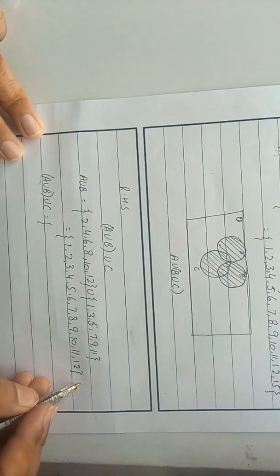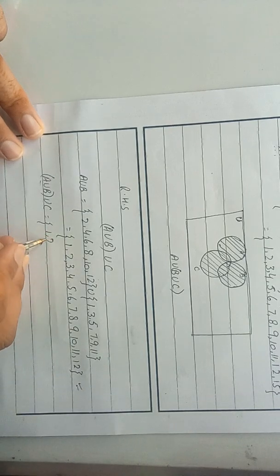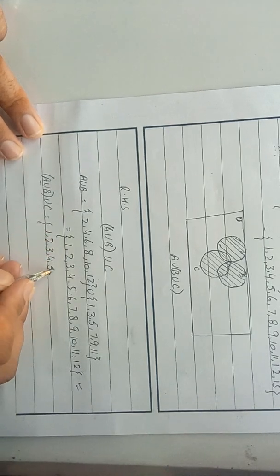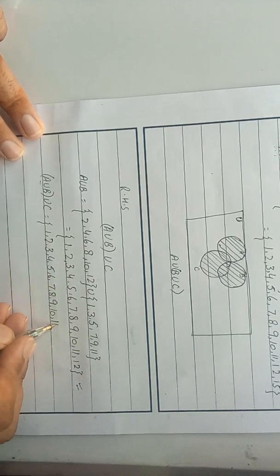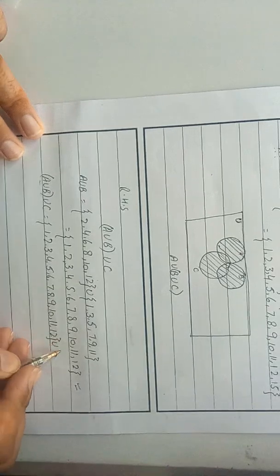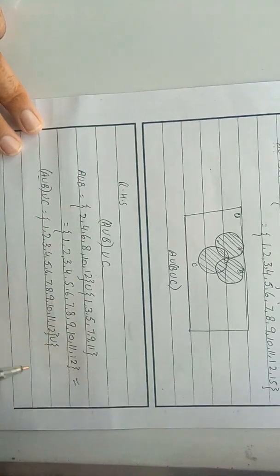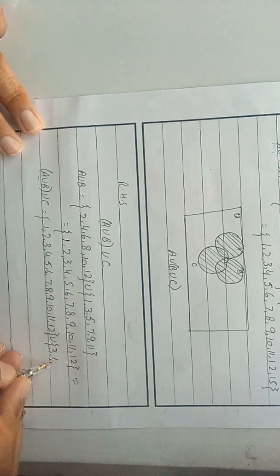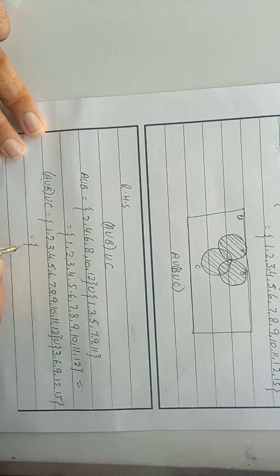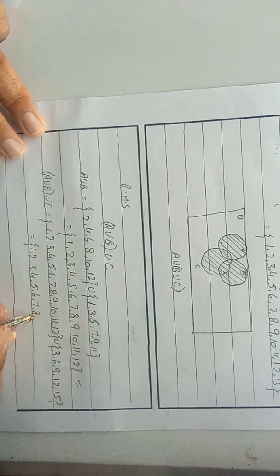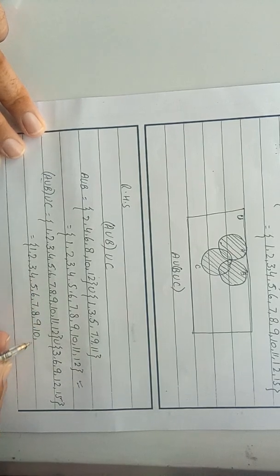Here A union B is this set, so we will write {1, 2, 3, 4, 5, 6, 7, 8, 9, 10, 11, 12}, and union C is given as {3, 6, 9, 12, 15}. Next, the union of these two sets forms {1, 2, 3, 4, 5, 6, 7, 8, 9, 10, 11, 12, 15}.